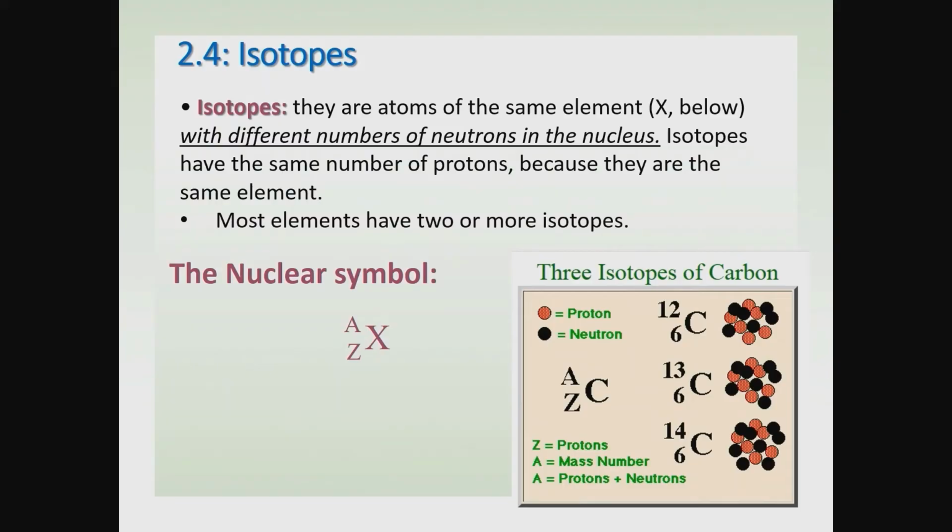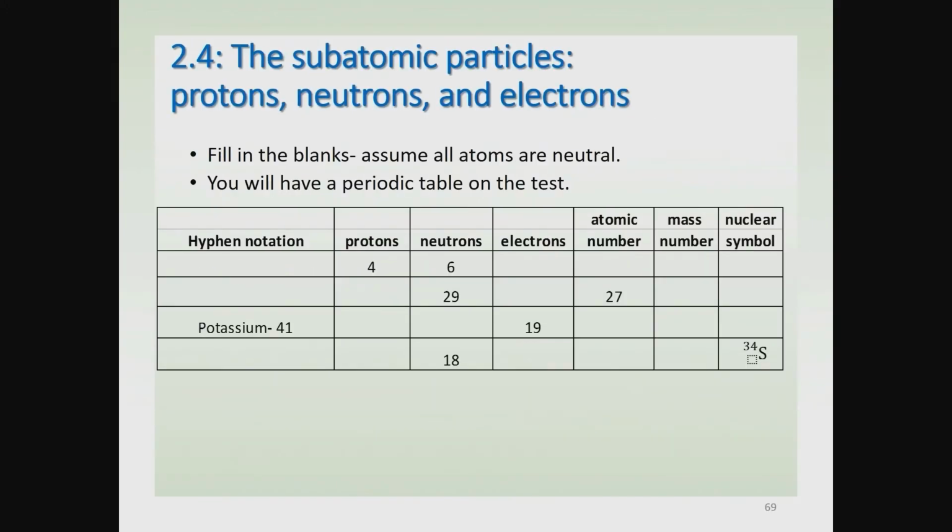In the diagram on the right, all those carbon isotopes, carbon 12, 13, 14, have the lower number 6 because they're all carbon atoms, and therefore the same element with the same atomic number, but they have different mass numbers, 12, 13, 14. Again, it's because they have an increasing number of neutrons, so they have slightly different masses. Those are the isotopes of carbon, and I just indicated what all those letters are in the symbol.